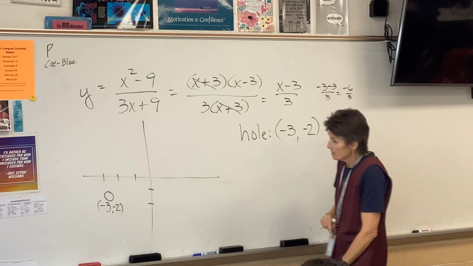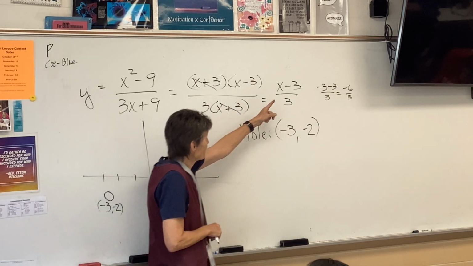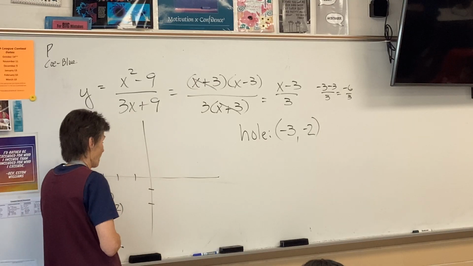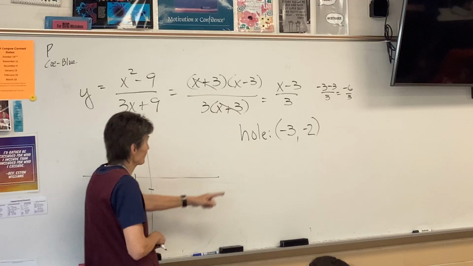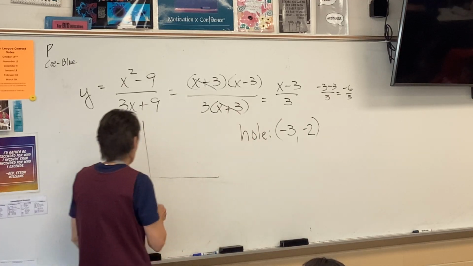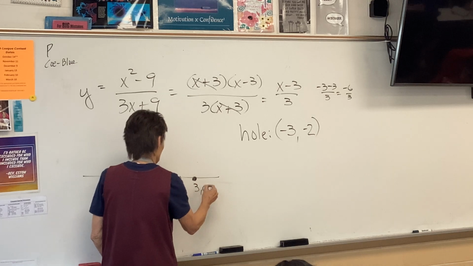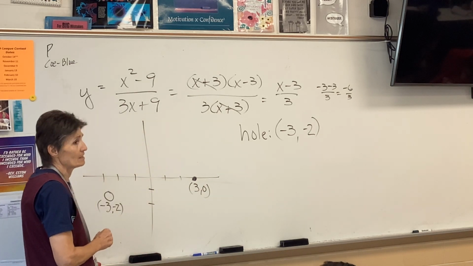Okay. Do I have any intercepts? What would make my numerator 0? That 3 would make it 0. What do I get if I plug in 0?